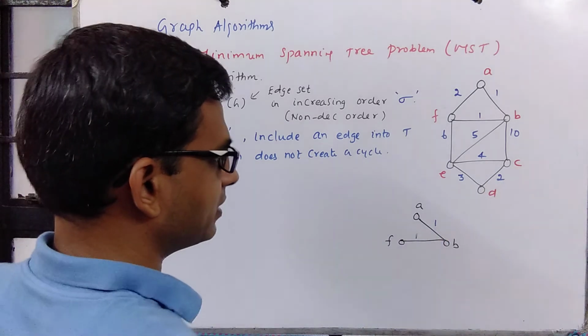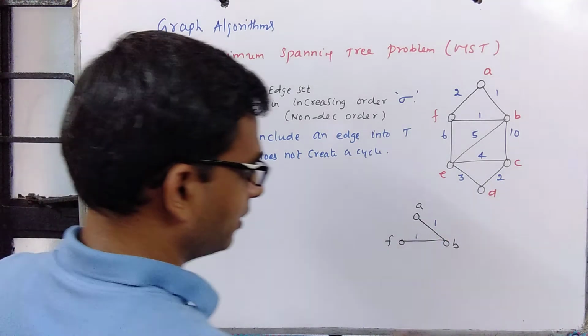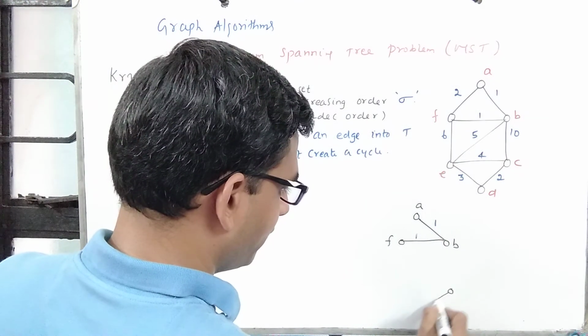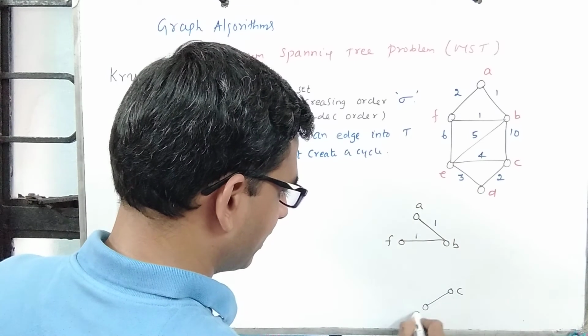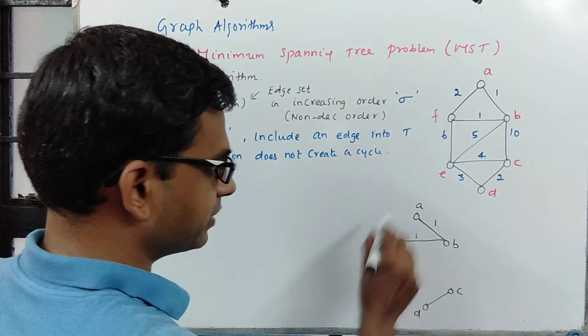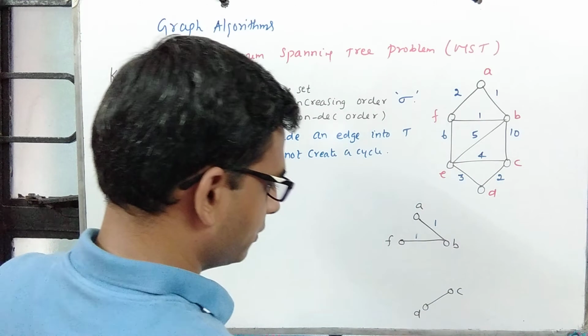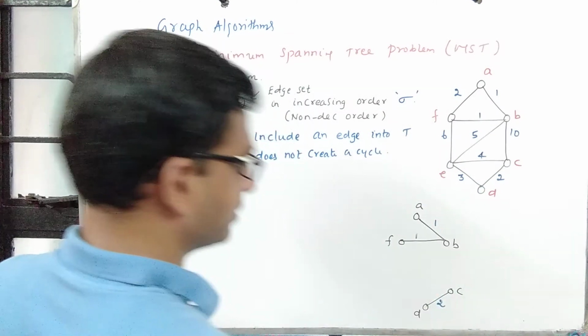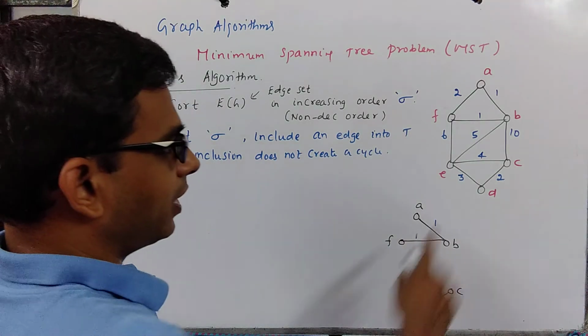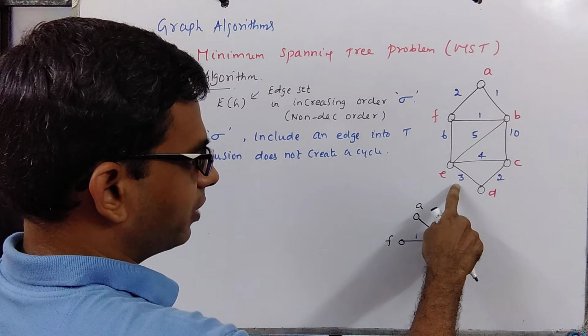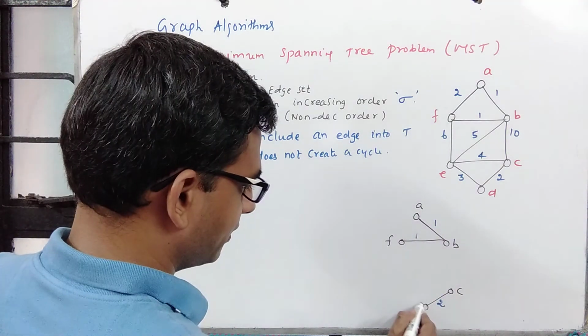The next one is CD. If we include CD, you see that there is no cycle created. So we are including this. After that, with respect to the ordering, it is 3.